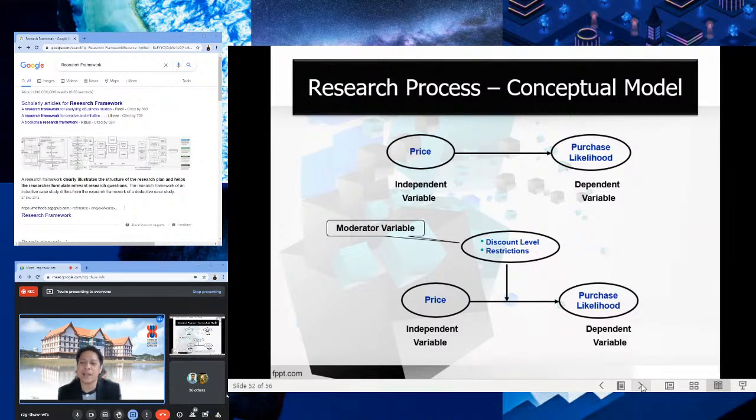So this is very important when you go and discuss, because when you have a model, when you discuss with your friends, colleagues or supervisor, you focus on one model that you agree on in your study.